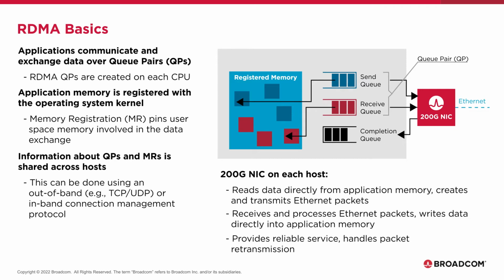The NIC hardware on the remote host receives the packets, retrieves the data from the packets, and DMAs the data into host memory over PCIe. The NIC hardware also performs any packet retransmission required for the data transfer. Once the RDMA transfer completes, the NIC hardware updates the completion queue to signal the completion of the data transfer.